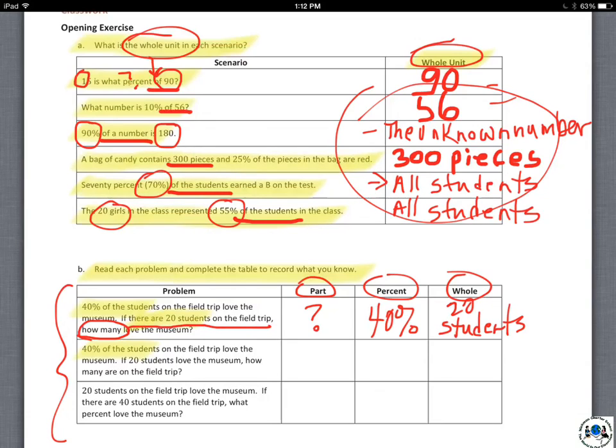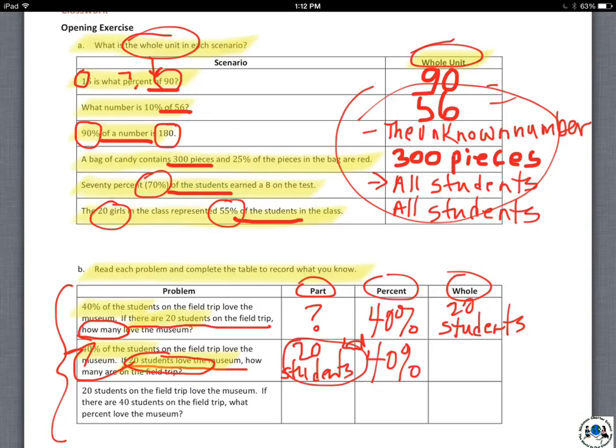But now, if 20 students love the museum, that goes along with the 40% that was mentioned, which represents our percent. Now we have that part. So these two are the same in the sense that 20 students represents the same as 40% of the students. But it's the whole this time that we do not know. We are not being given the whole in that sense.